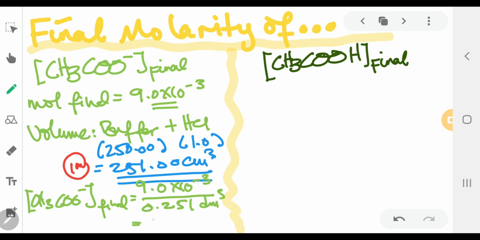And the molarity is about 0.036 mole per decimeter cubic. So this is the molarity. And by getting the final molarity for this, you get 1 mark.